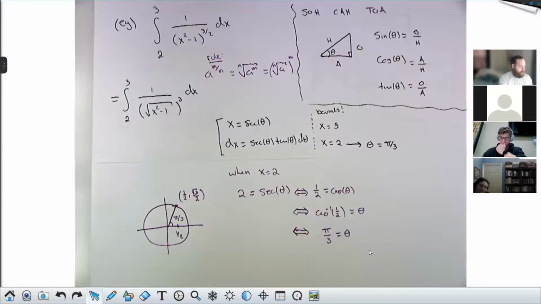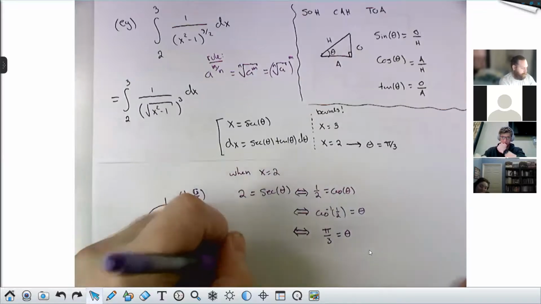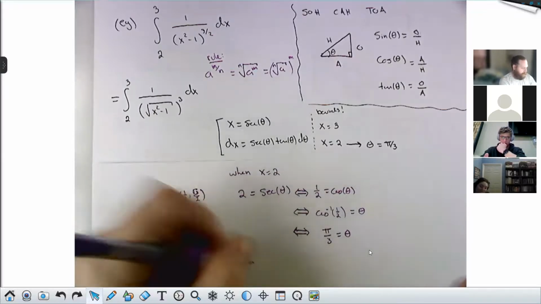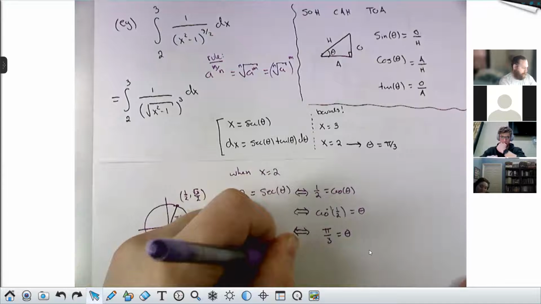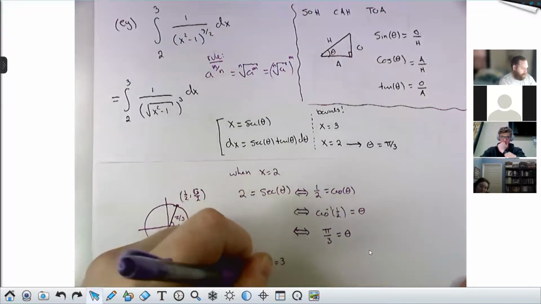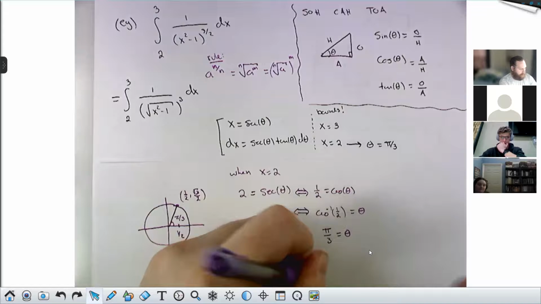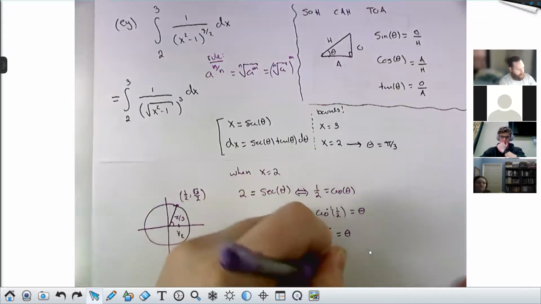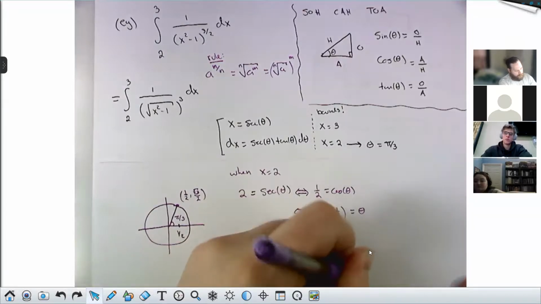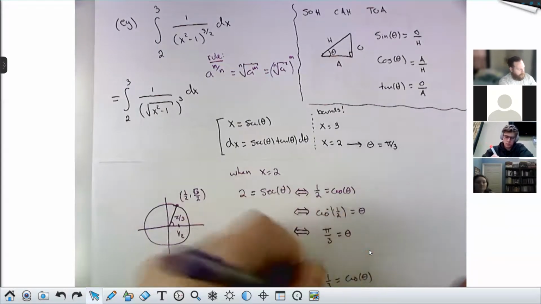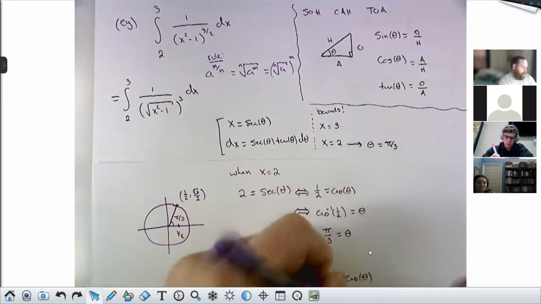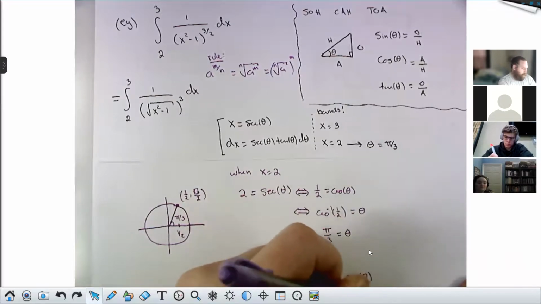If you do the same thing with x equals 3, we're kind of out of luck. 3 equals secant theta. That's the same thing as saying 1/3 equals cos theta. So here theta would be the inverse cosine of 1/3.